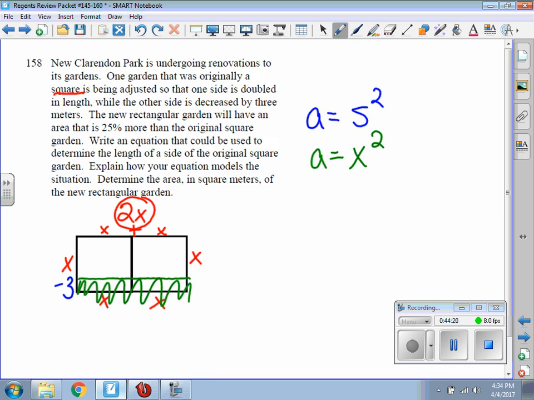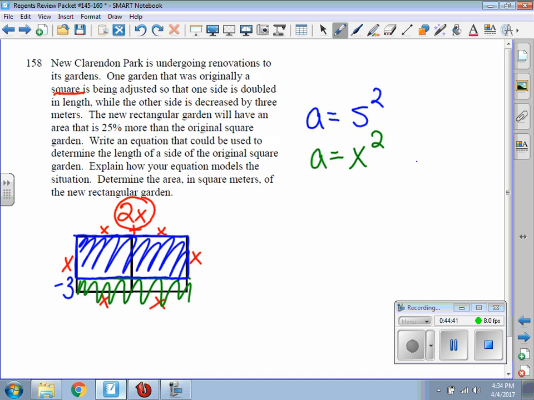If they're increasing the size of the new garden, the new shape, here I'll put it in blue, this is the new garden right here, it's 25% more. So whatever the original shape was, it's 25% more than that.